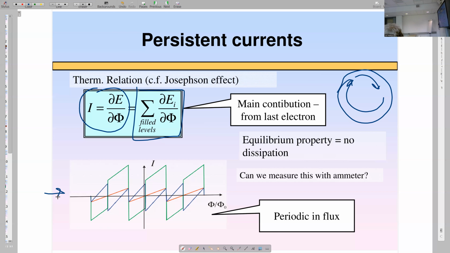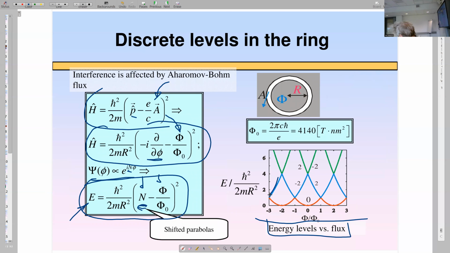Right, so I guess that is for 1, 2, 3 electrons. So we see that these curves are made from linear segments. Well, that's because we have parabolic segments here and here.